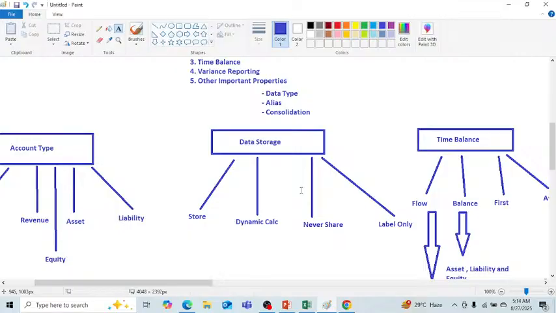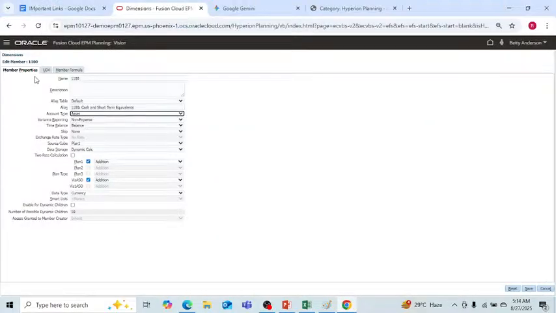So we have covered a lot of things here. If I go to the instance, under the member properties you can see that we have name, description, and we have covered alias table and alias, here the cash and cash short-term equivalents you can see.